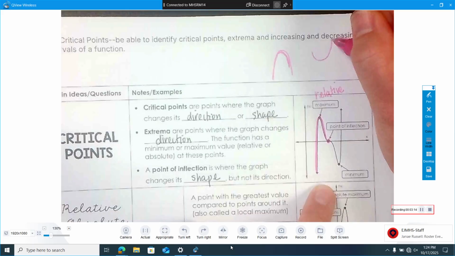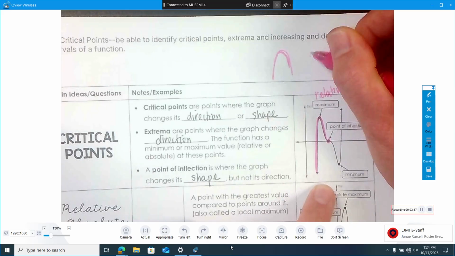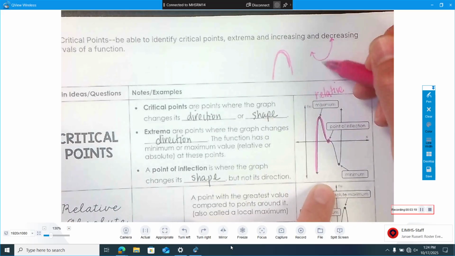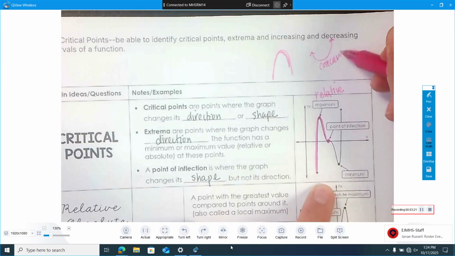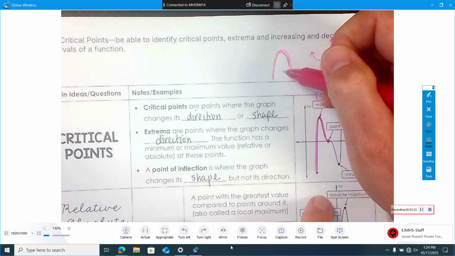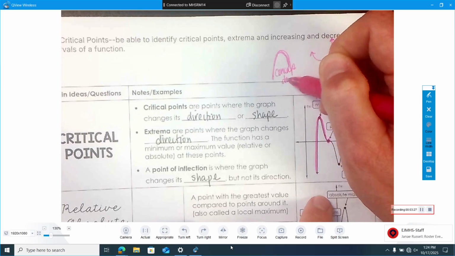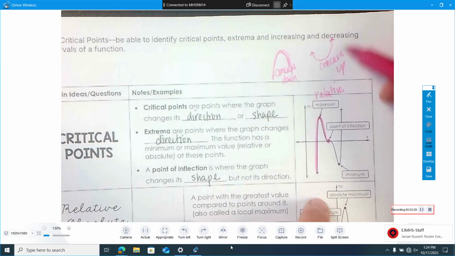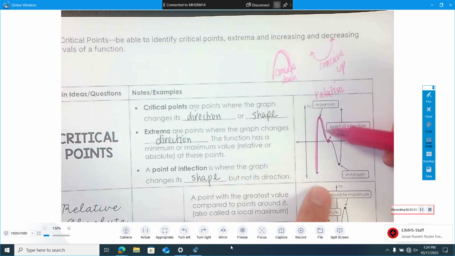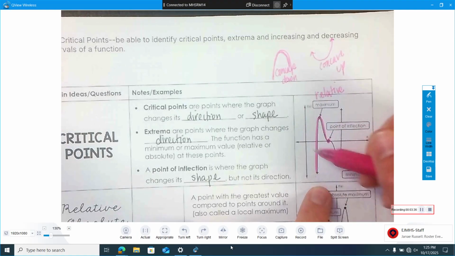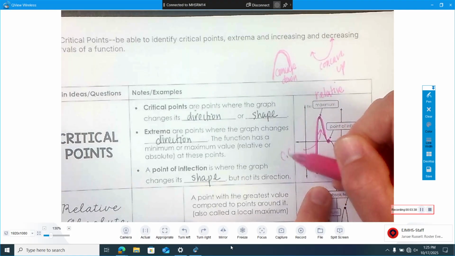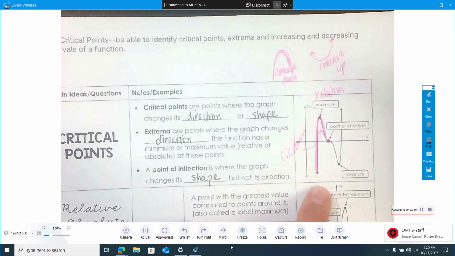Versus a shape that's scooping upward like this. This we would call concave upward. So it's tricky, right? Concave down versus concave up. Here, this first part of the curve, we would call concave down.